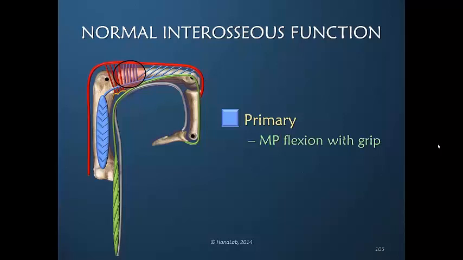So it would be appropriate to say that the interosseous muscles participate during finger flexion. In the beginning, perhaps actively, perhaps not actively, perhaps it's just passive. During the mid-range of finger flexion, perhaps the interosseous muscles are quiescent.